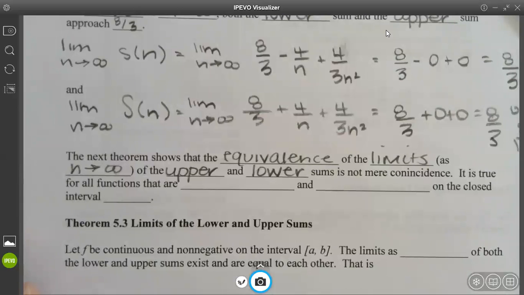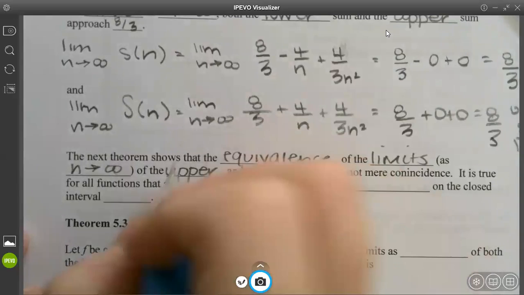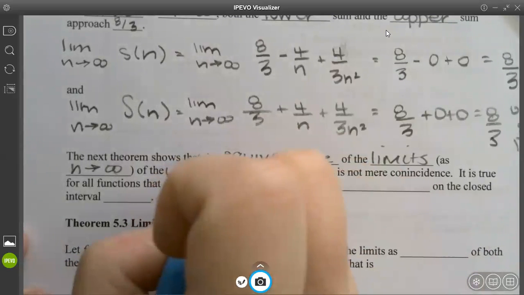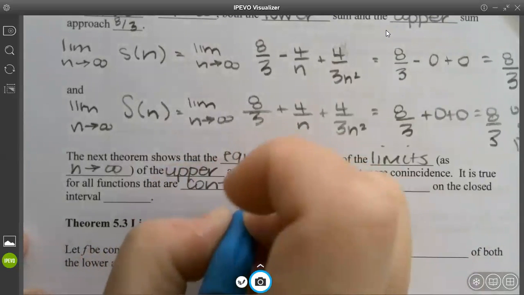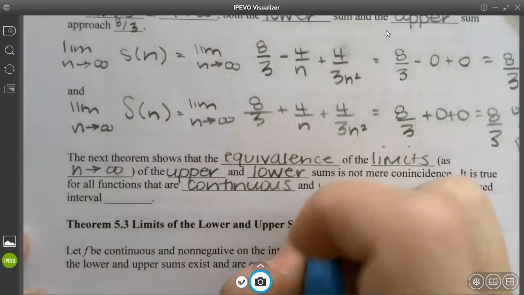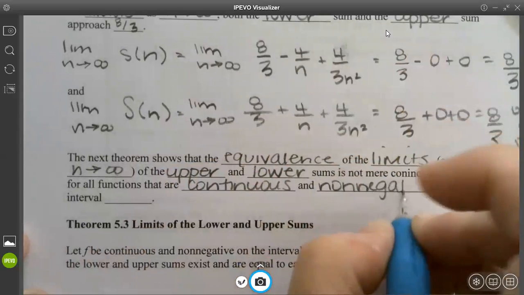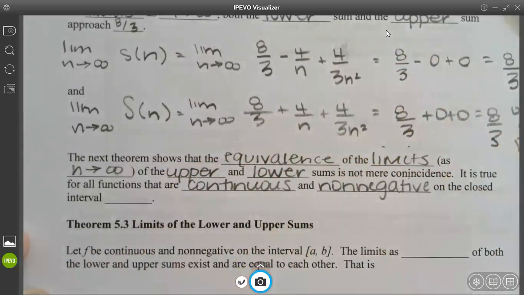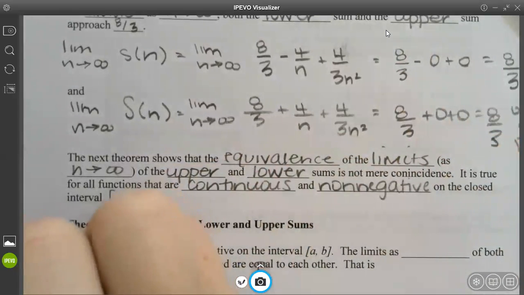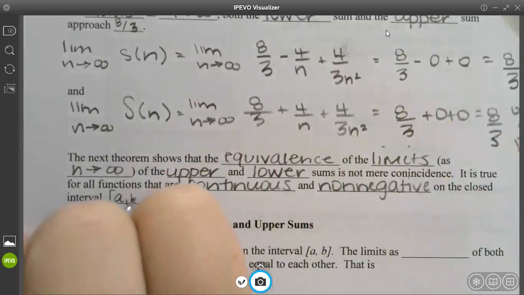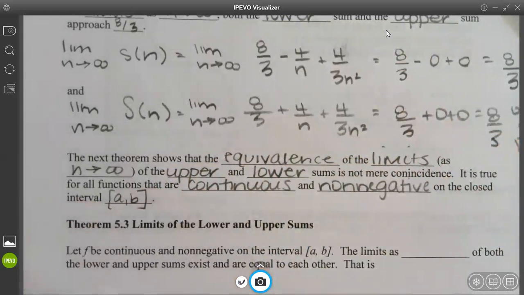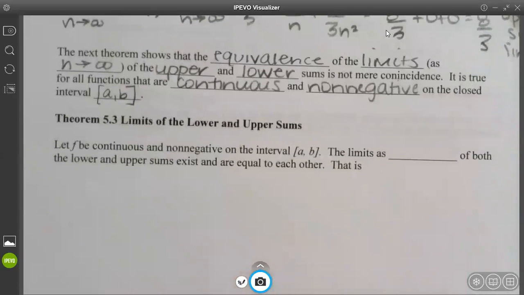It is true for all functions that are continuous and non-negative on the closed interval a to b. So you always need to check that they're continuous and non-negative.